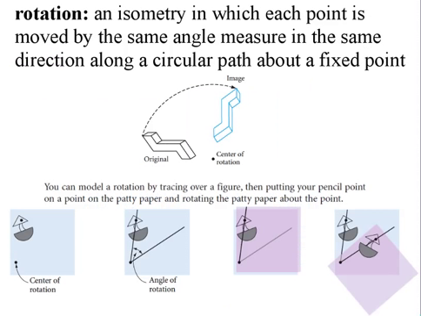Next, we have a rotation. A rotation is an isometry in which each point is moved by the same angle measure in the same direction along a circular path about a fixed point. The definition is way more wordy than what a rotation actually is.